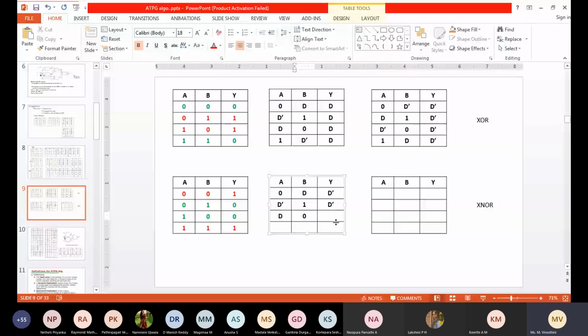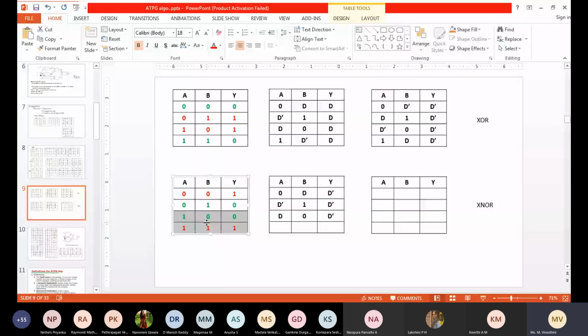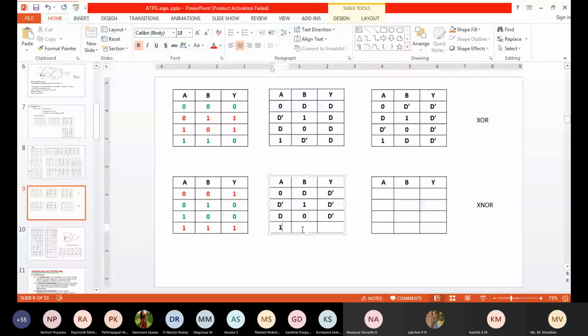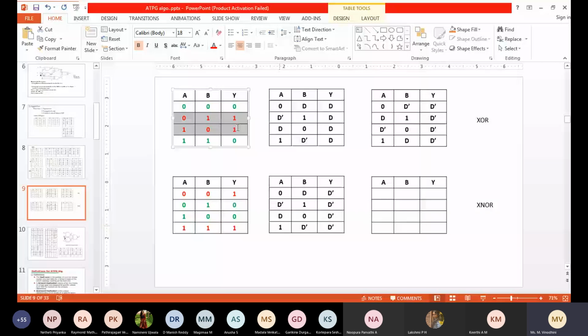And these two: 1, D dash, D dash. So this is green to red. Here I did red to green, and here I am doing green to red. Other way around, if you do, you will get this table. Is it clear, students? So this is the propagation D cube for XOR and XNOR gate.